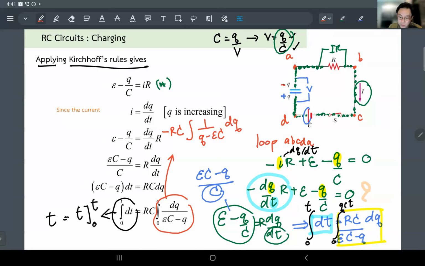This is very doable because you, of course, remember the integral of 1 over x minus a dx is a log of x minus a, with the absolute sign if you like. So the integral that you get on the right-hand side is going to be negative RC log of q minus EC. That's not too bad at all.